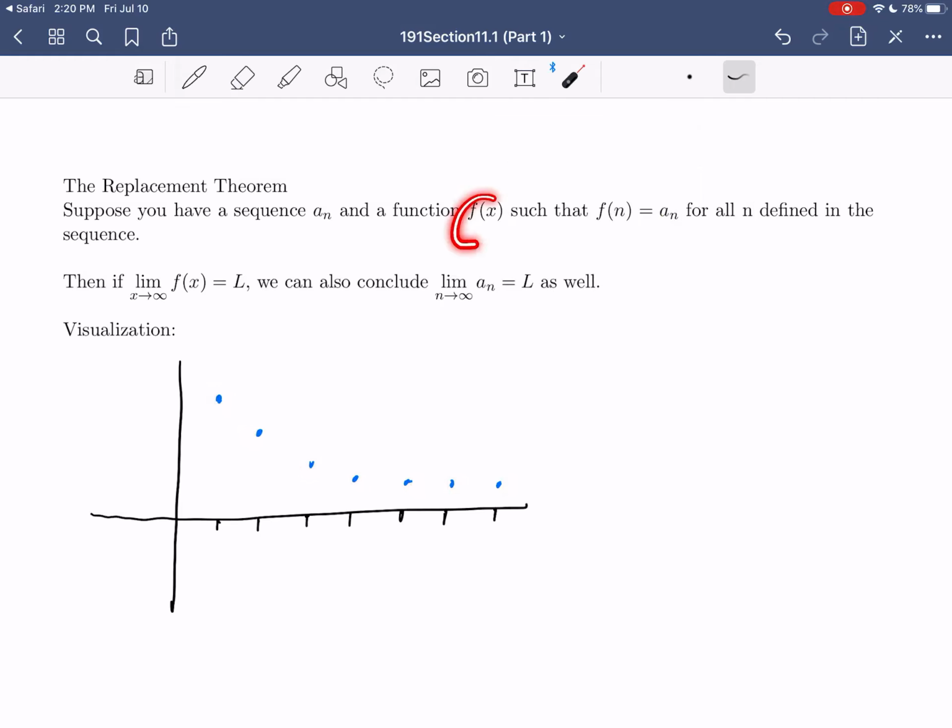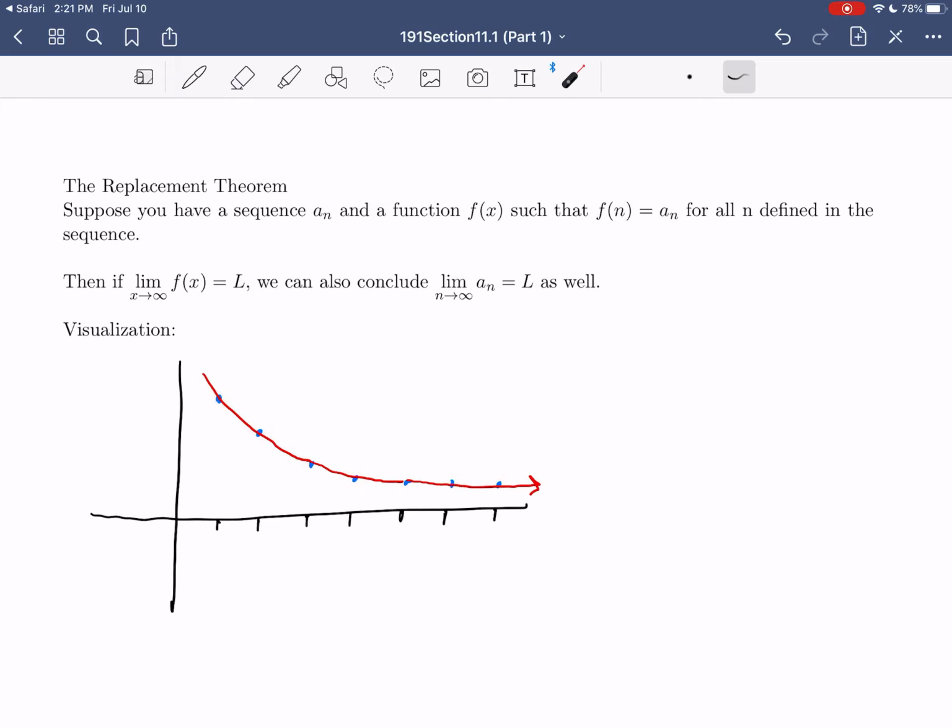Well, if you can find a function, this f of x, and this f of x goes through every one of these points, so in other words, there's some function that connects all of these points together, then where this function is headed is also where the individual points are headed. And that should make total sense, right? If we can find where the continuous function is headed towards, then certainly these discrete values along the way are headed to the same spot.